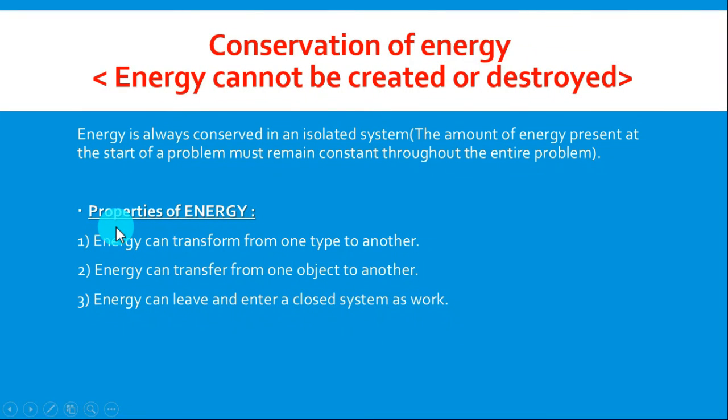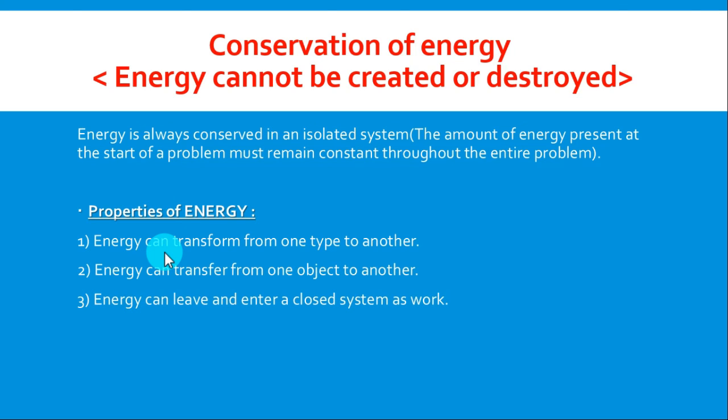Let's talk about some properties of energy. The first one, energy can transform from one type to another. It means that energy can change from kinetic to potential energy, from elastic potential energy to kinetic energy, from chemical energy to kinetic energy.